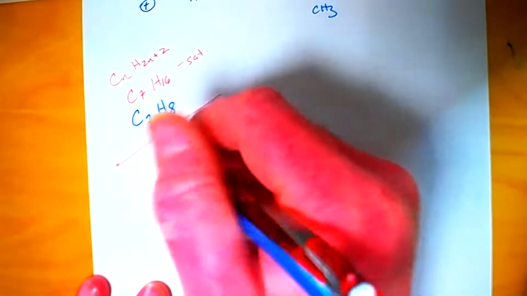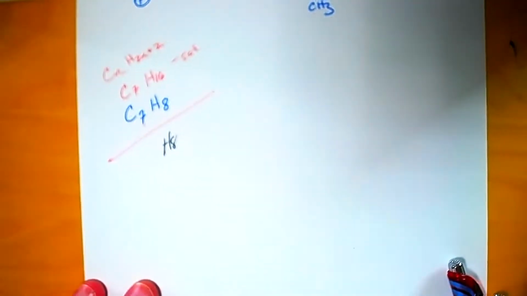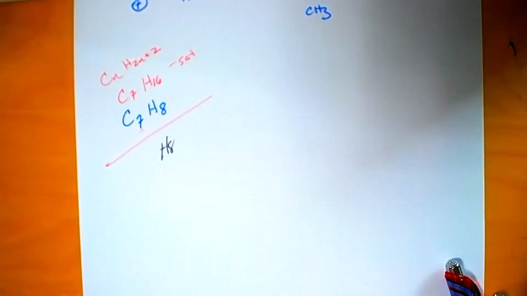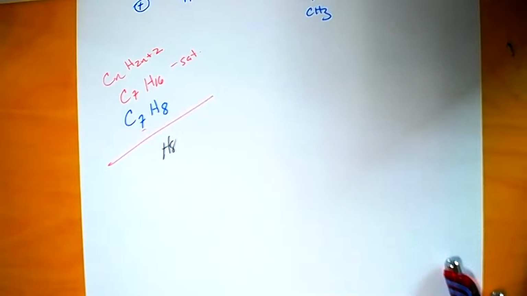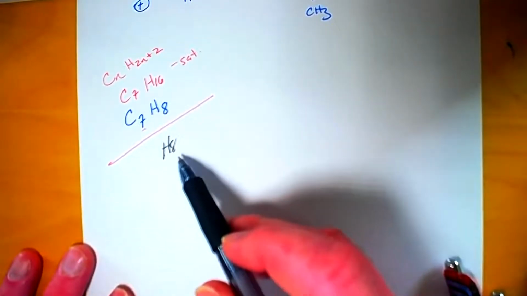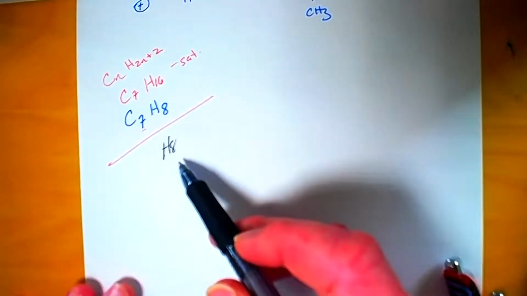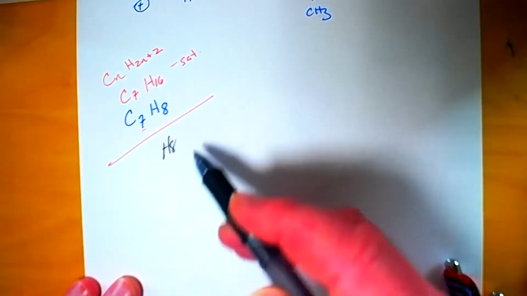Well, if I look at the difference between the number of hydrogens, that's telling me that there's an 8 hydrogen difference in those 2 formulas, okay? Now, why that's important, and I'm sorry, I don't know why the focus is out. There we go. The reason why this is important is because every 2 hydrogens really counts for a form of unsaturation or a ring, okay?